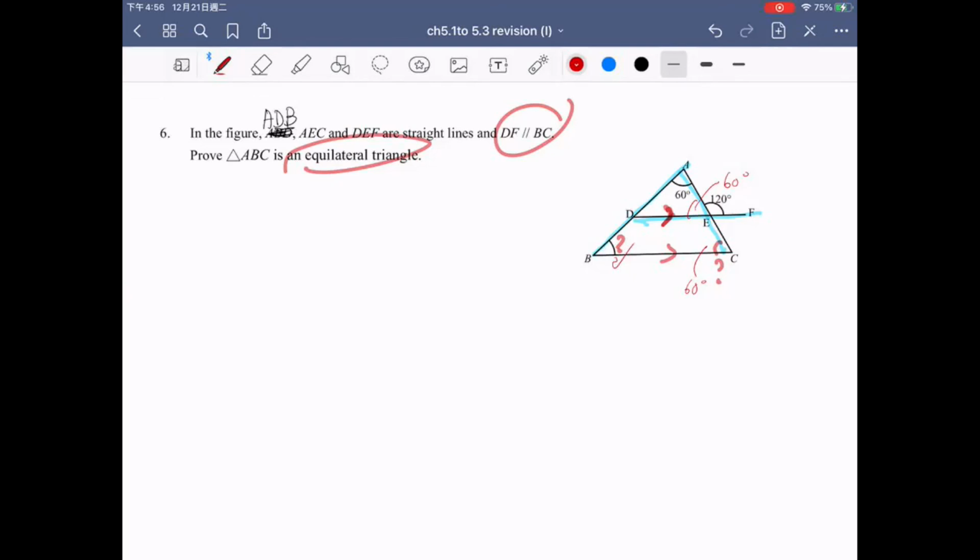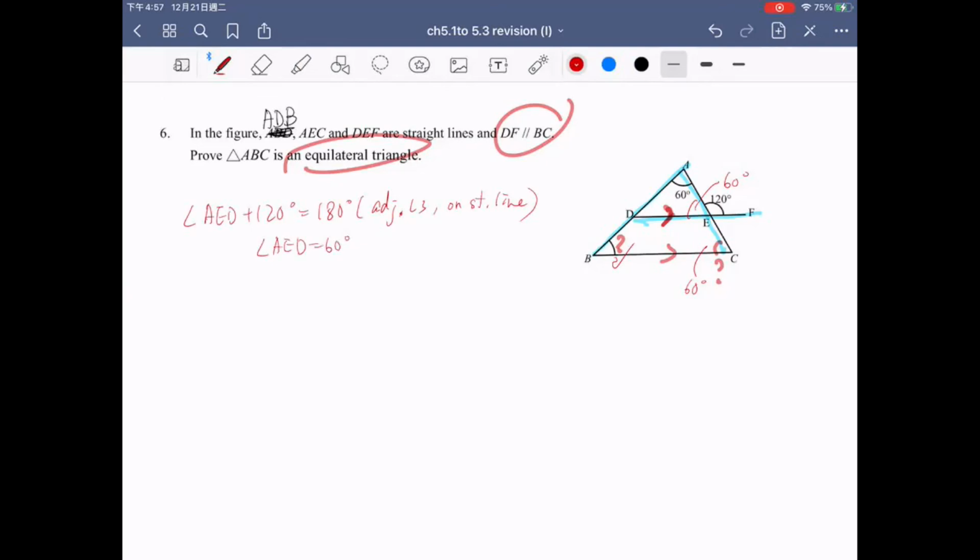Then we can write angle AED plus angle DEF, adjacent angles on a straight line, so we have AED is 60 degrees.